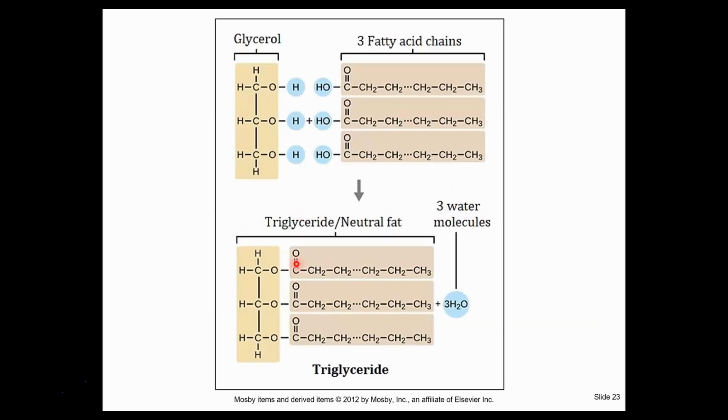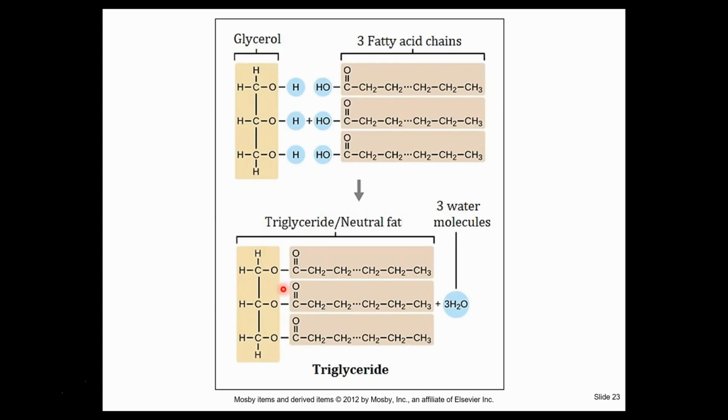Here's the triglyceride. So the word tri means that there are three of something, right? And then you have glycer, the glycerol. Glycerol is a backbone of the triglyceride. As you can see, it consists of 3 carbons and 3 oxygens, and then you have hydrogens around it.